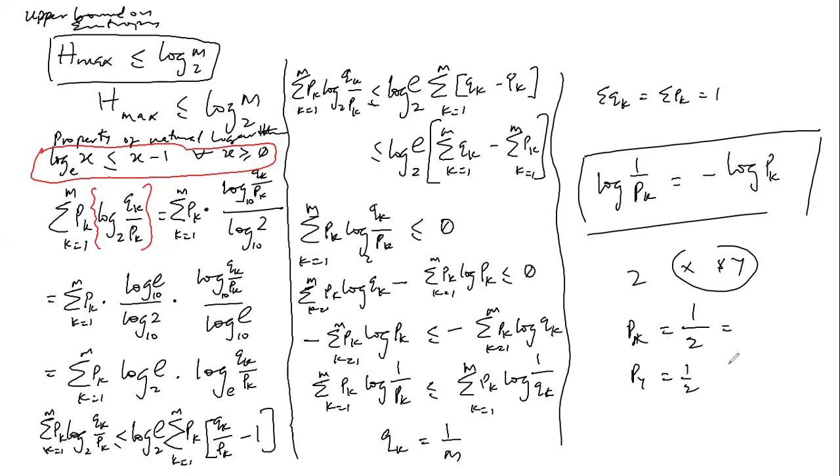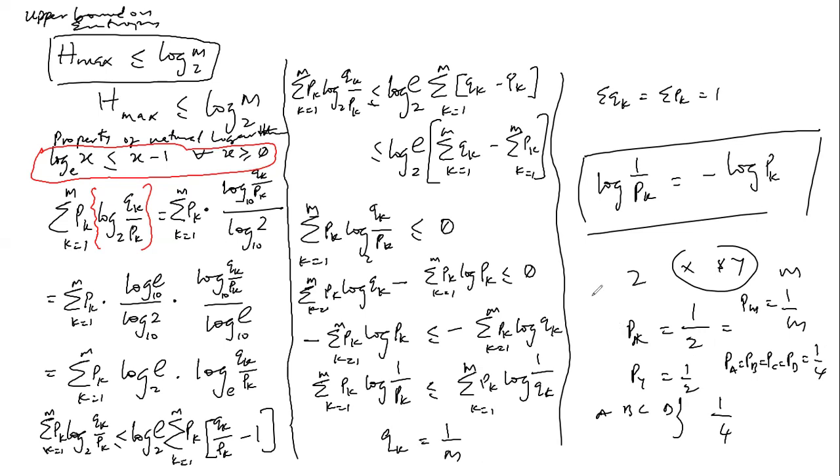If there are four symbols, A, B, C, D, equally likely, the probability of each is 1 over 4. So if there are M symbols, equally likely, the probability will be 1 over M. So Q sub k will be equal to 1 over M.